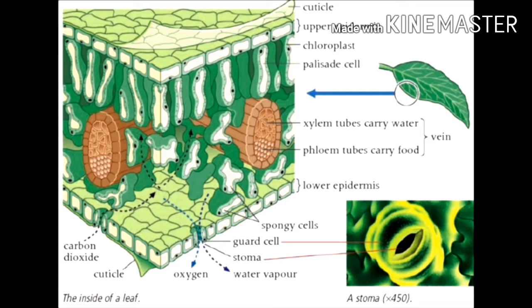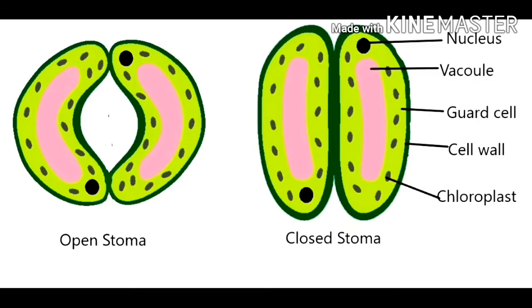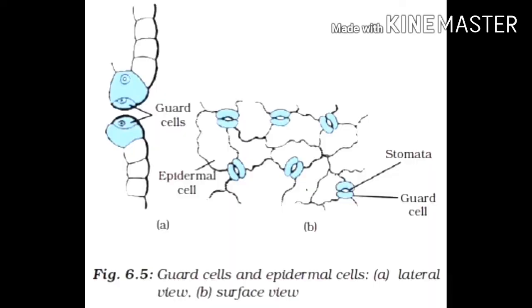And epidermis of leaves has minute pores, and these minute pores are called stomata. Stomata are present in leaves. They are enclosed by two kidney shaped cells called guard cells, and they are necessary for exchanging gases with the atmosphere.